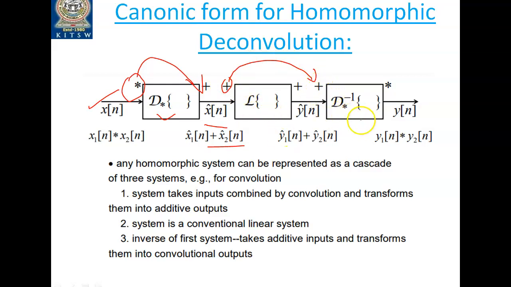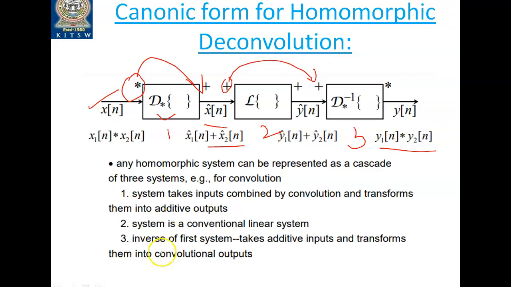Here, this is the third system, this is the second system, and this is the first system. The third system is the exact inverse of the first system. The output of the third system is a convolution of the two sequences. So any homomorphic system for convolution can be represented as a cascade of three systems.